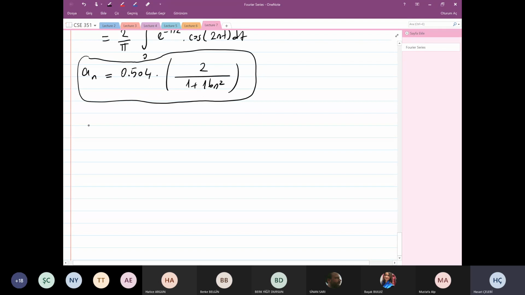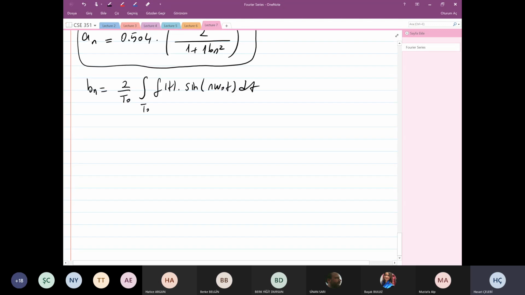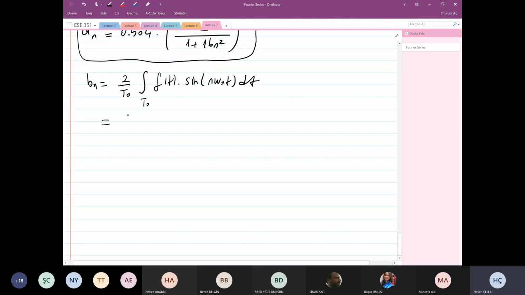Similarly, remember for the bn, we have this 2 over T0 integration over 1 period f of t times sine n omega 0 t dt. And this is going to be equal to 2 over pi 0 to pi exponential minus t over 2 times sine 2nt dt.